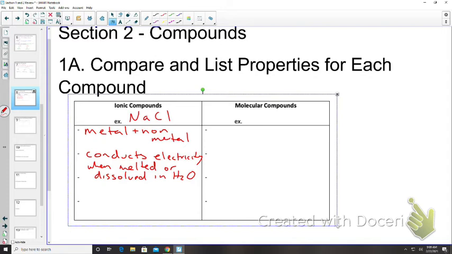It has a high melting point. What else? Net charge of 0.